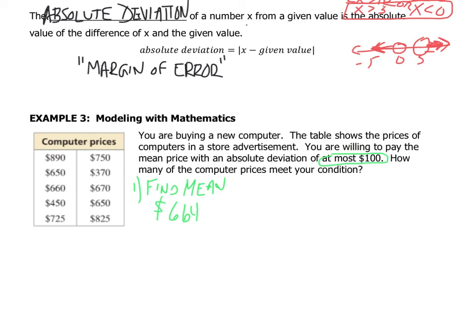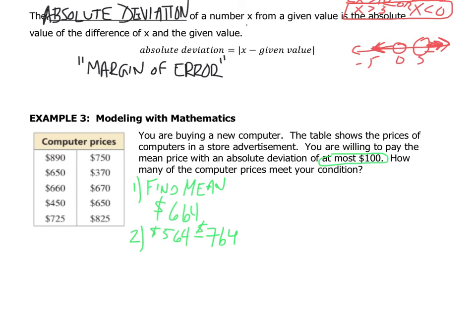So basically what we're saying then is, if you are willing to pay somewhere at most $100 around that mean, that basically means you're willing to spend $564 up to $764. $100 below it and $100 above it.